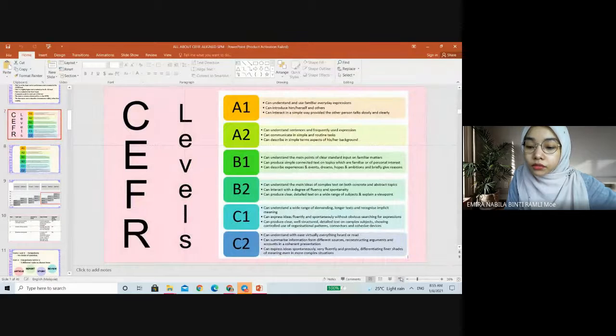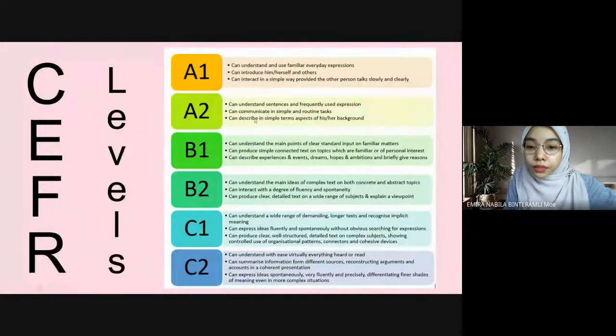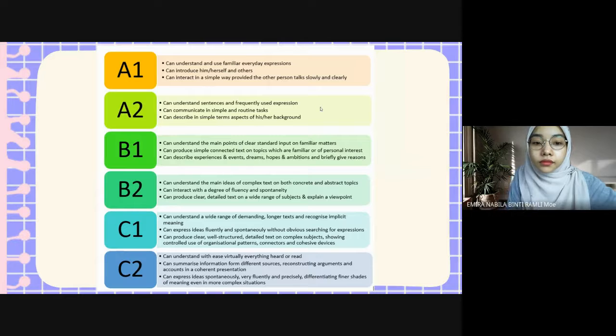Apakah A2? You are supposed to communicate in simple routine task. You have to make sure that you can understand and you can use your phrases correctly lah. Okay, describe in simple terms. Dia expect simple, tapi kalau dia kata formal, formal. You jangan pergi buat informal. So that's basically it untuk email.